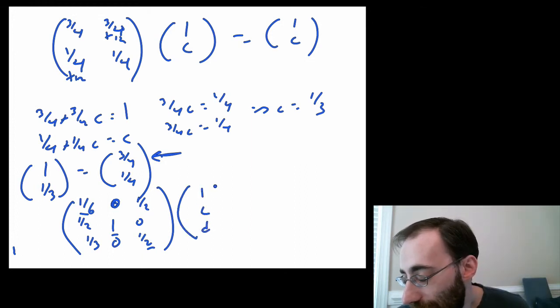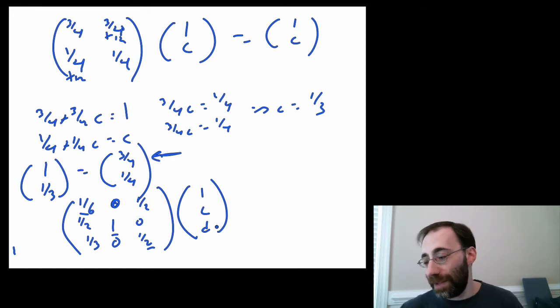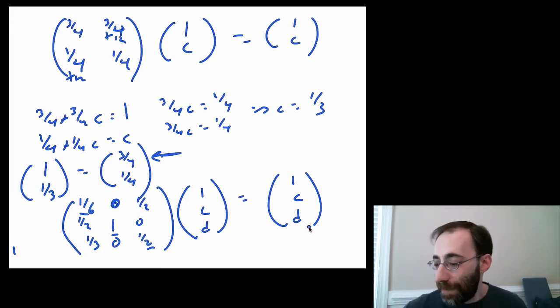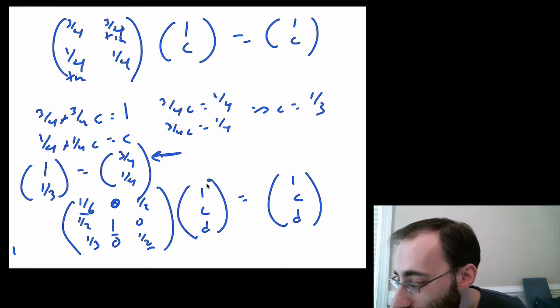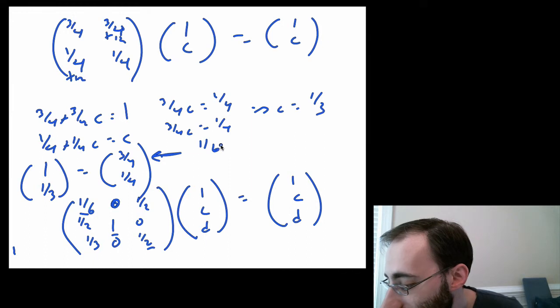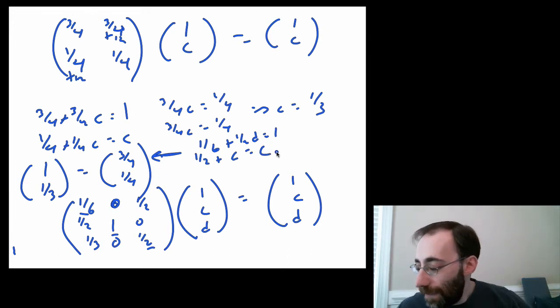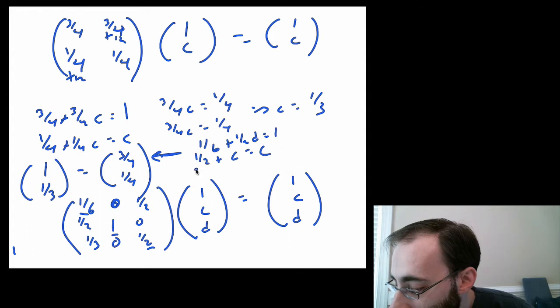And let's just do that because there will be an actual answer here. How do we do that? Well, we get, I should have my room here. Let's go up here. 1/6 plus 1/2 d equals 1. And 1/2 plus c equals c. And plus c equals 0.